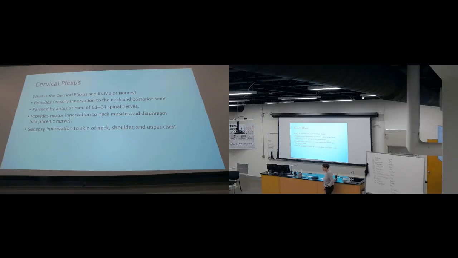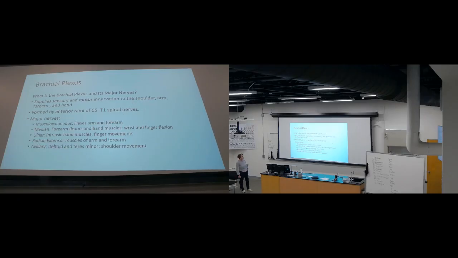The phrenic nerve is formed by nerves C3, C4, C5, keep the diaphragm alive. And then we also have sensory information to the skin of the neck, shoulder, and upper chest. So that's the cervical plexus.